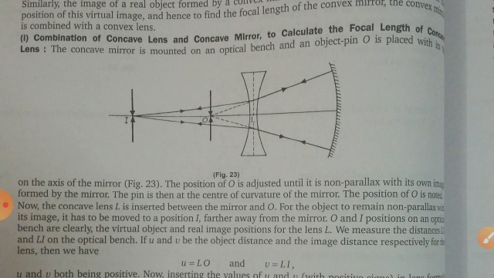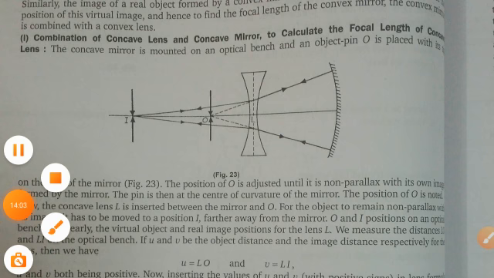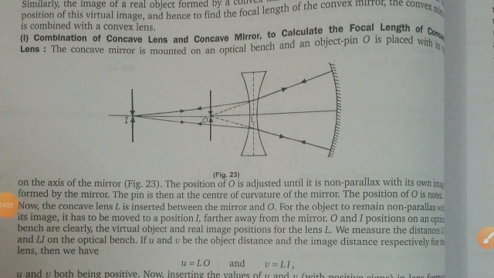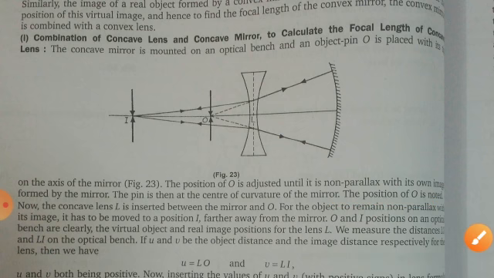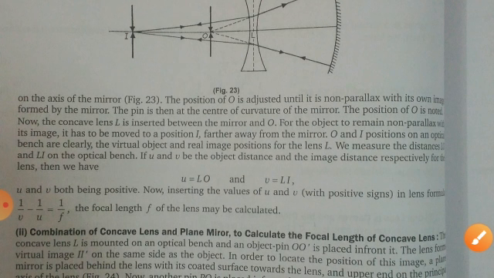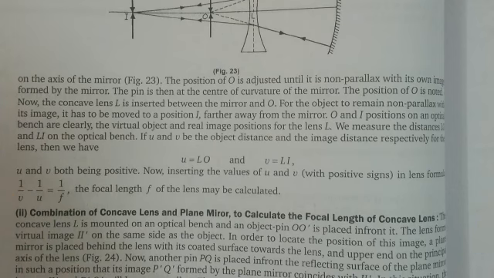So this is called the parallax, and here you can see the position of O is adjusted until it is non-parallax with its own image formed by the mirror. The pin is then at the center of curvature of the mirror. So the position of O is noted. Now the concave lens L is inserted between the mirror and O, and for the object to remain non-parallax with its image, it has to move to a position I. This is the position I, you can see here from the figure.